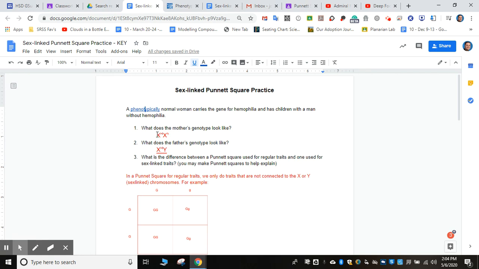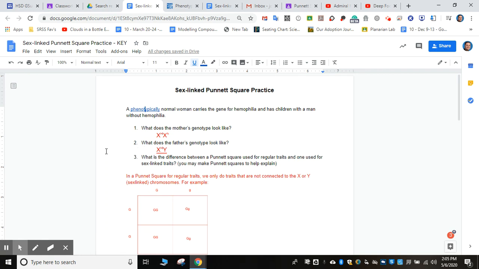And so we have X big H, X little h, because we have a normal woman carrying the gene for hemophilia. So here's the gene she's carrying for hemophilia. What does the father look like? Well, he is without hemophilia, and so he is first of all a male, which is XY, and so he has an X with a big H.